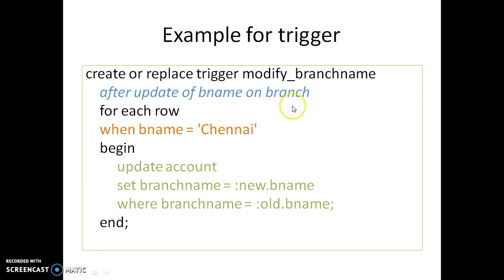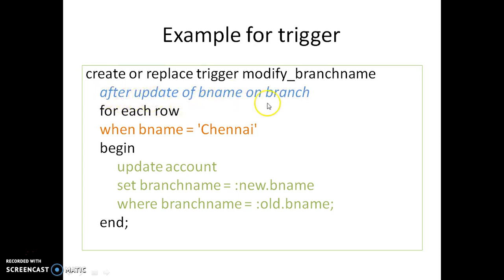For example, if in the branch table the branch name Chennai is being updated as, say, Madras, then in the account table we also do the same update. The name of this trigger is modify branch name and it is an after event. So this trigger will be executed after the branch name on the branch table is updated.